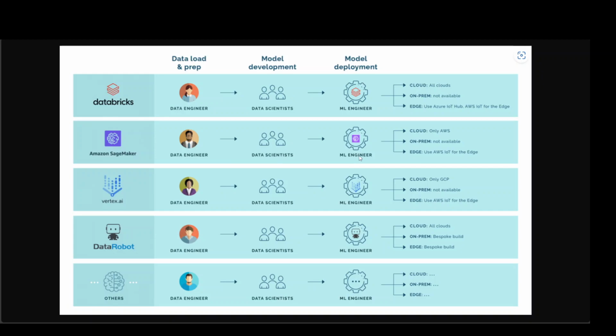The constraint here is that we are locked and stuck with AWS tools. This model can only be deployed on AWS. You cannot deploy it on-prem, and you can only use AWS IoT for the edge. And similarly, for Google's service Vertex AI, you are confined to GCP, and with DataRobot, you have to do some bespoking and customization, and then the list goes on.